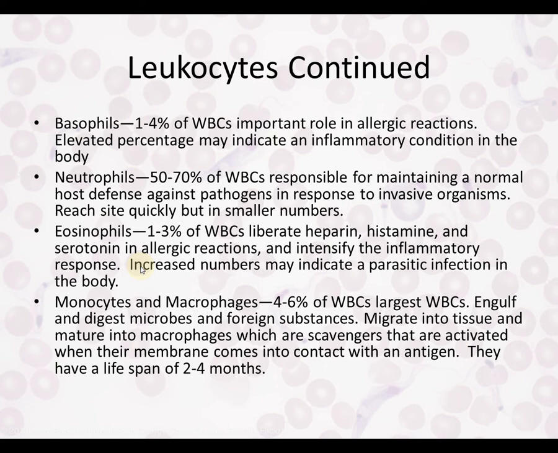A macrophage, also known as a scavenger, can either stay in one tissue or migrate to other organs via the lymph tissue. Macrophages are activated when their membrane comes into contact with an antigen. The phagocytic white blood cells have a lifespan of 2 to 4 months.